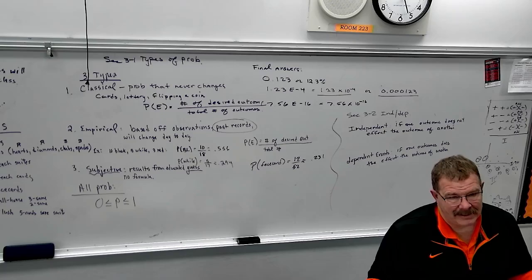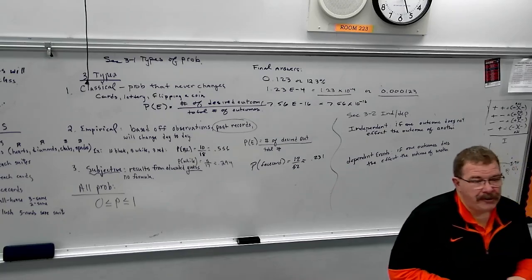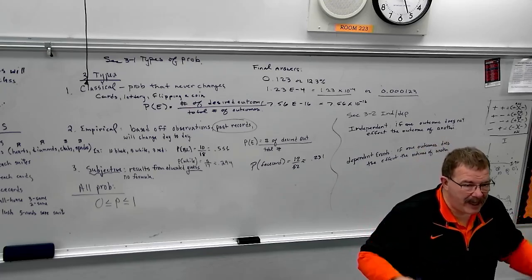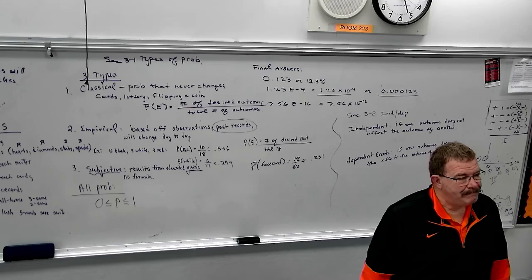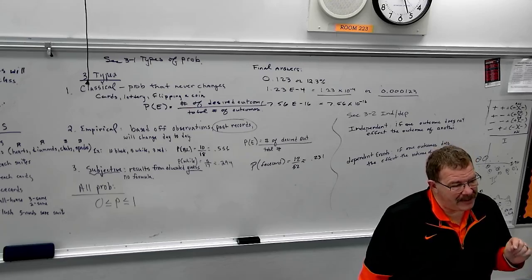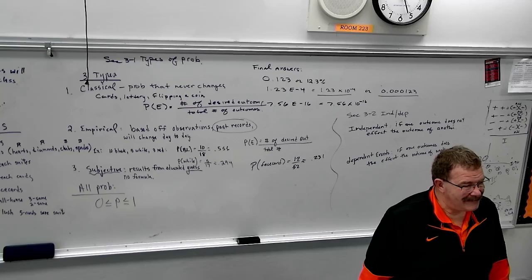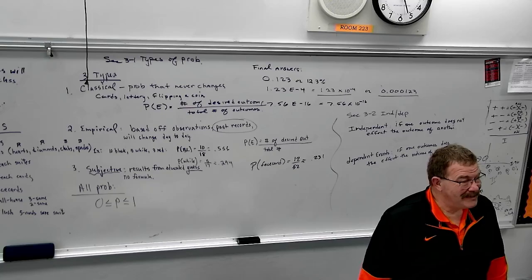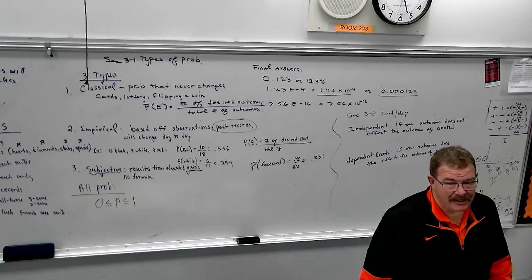Here's how your book likes to word it. You're speeding on the freeway and you get a speeding ticket. Would you consider that independent or dependent events? It's dependent. Why did you get a speeding ticket? Because you were speeding.